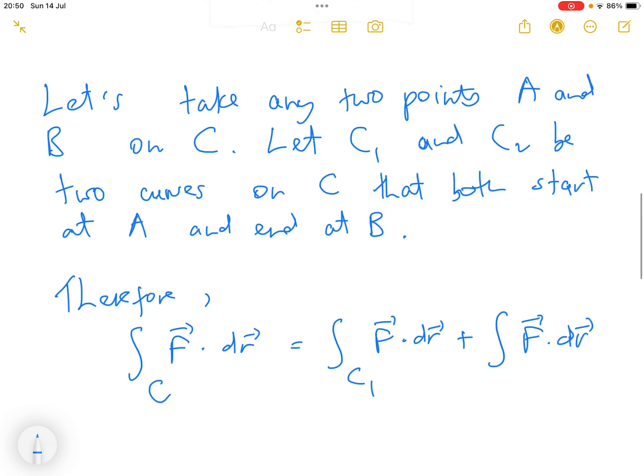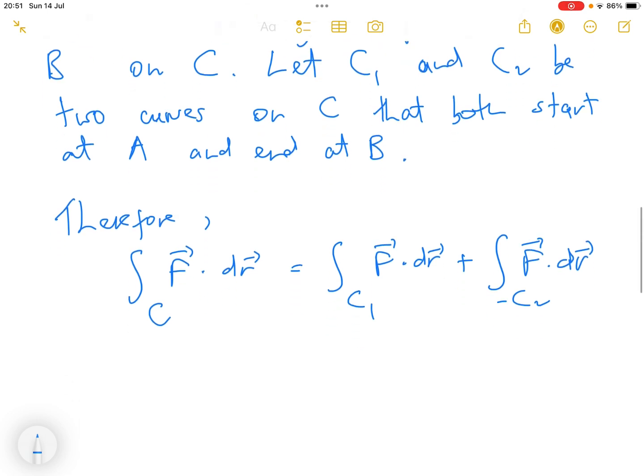But we must be careful here because of the orientation of the curve. We have to say minus C2 because we're calculating from A to B and then from B to A. So the curve C2 starts at A and ends at B, and the curve minus C2 starts at B and ends at A. So when we're calculating this line integral, we have to do it in this way.